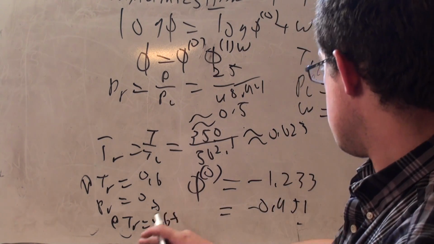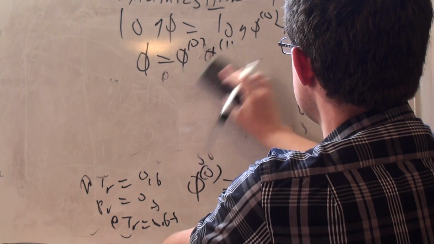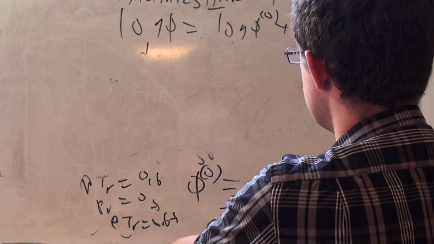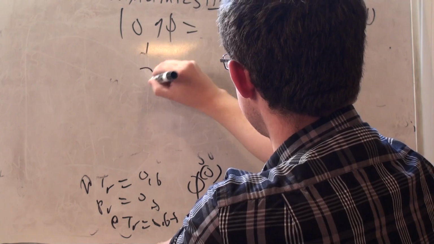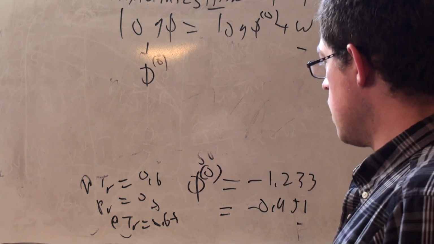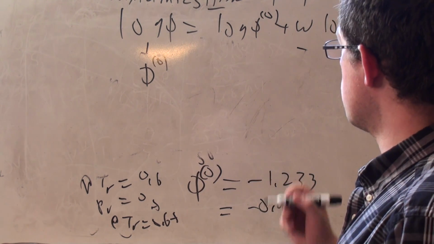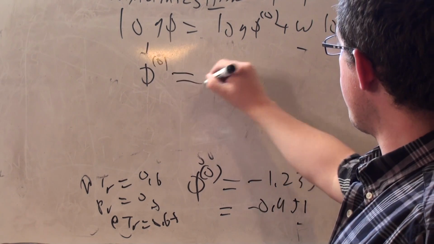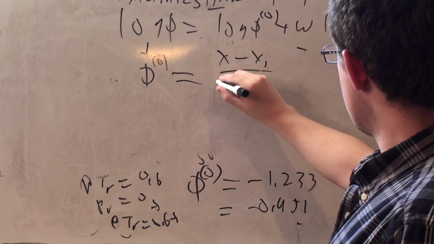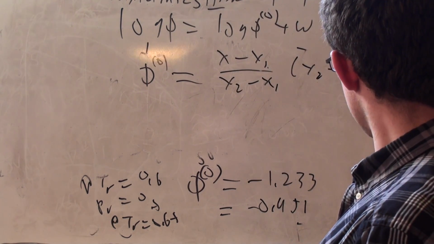So in this case, my interpolation formula is: I'm trying to find what phi0 is equal to at the actual reduced temperature I have, which was 0.62 something. So I have (x minus x1) over (x2 minus x1) times (y2 minus y1) plus y1.